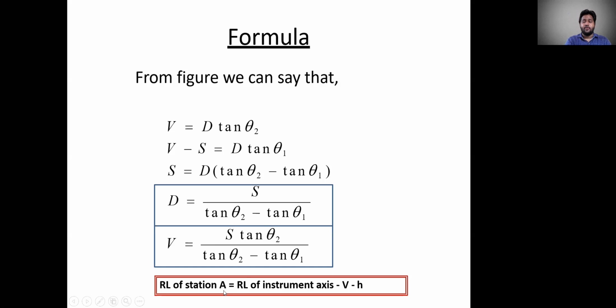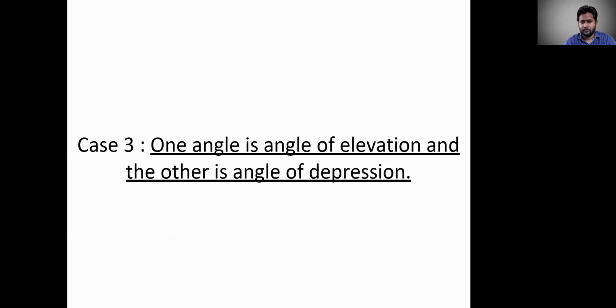If you want to find the RL of station A, the RL of the instrumental axis minus capital V minus small h will give you the height of that station. That is important.